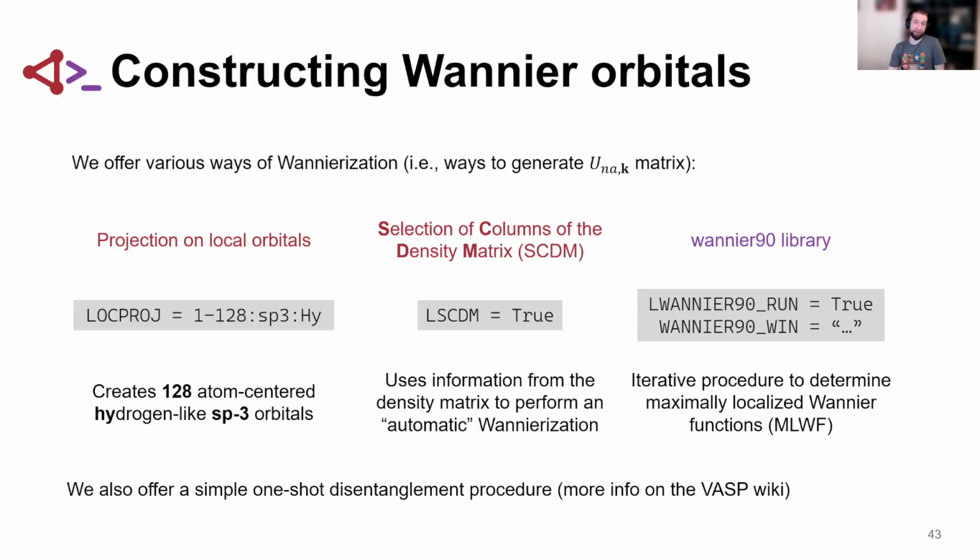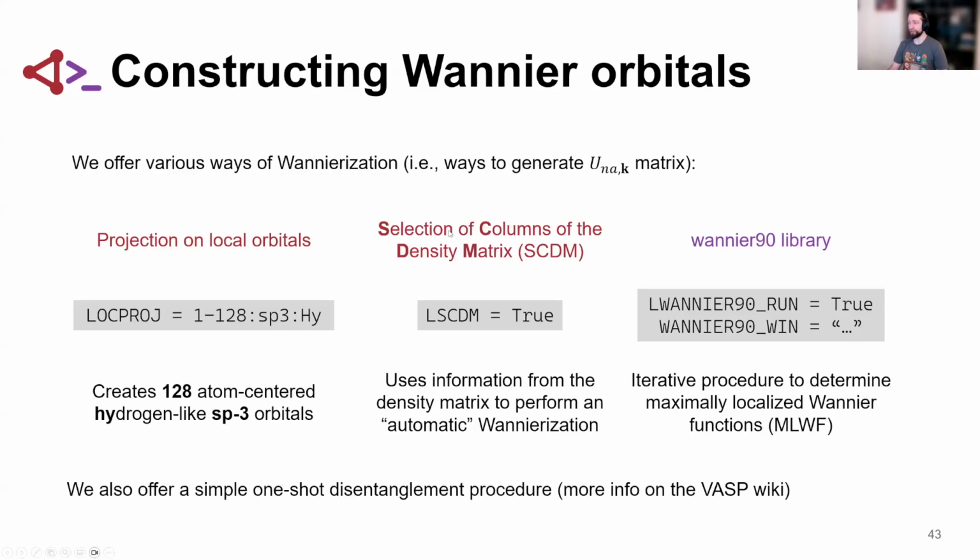And that gives you a lot of control over the character of these orbitals, because, for example, here I show that with this lockproj tag, you can set up 128 atom-centered orbitals that are hydrogen-like and have sp3 character. And that would be, for example, a really good fit for something like diamond, where you know the chemical nature of your bonding orbitals is sp3-like.